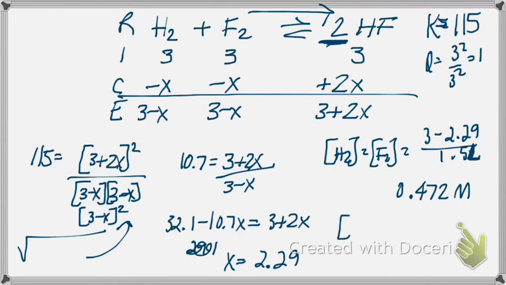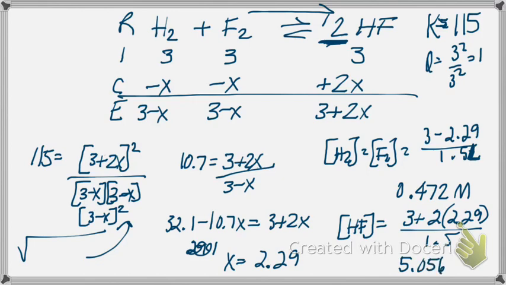And then your concentration of HF is 3 plus 2 times 2.29 divided by 1.5. So it would be 5.056 molar. Okay?